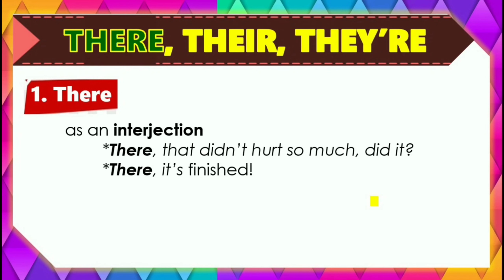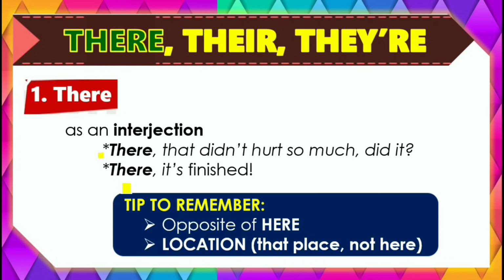Another thing is it can function as an interjection. Example, there. That didn't hurt so much, did it? Or there, it's finished. Here is my tip for you to remember this form of there, the THERE in a sentence. Just remember that there is the opposite of here.